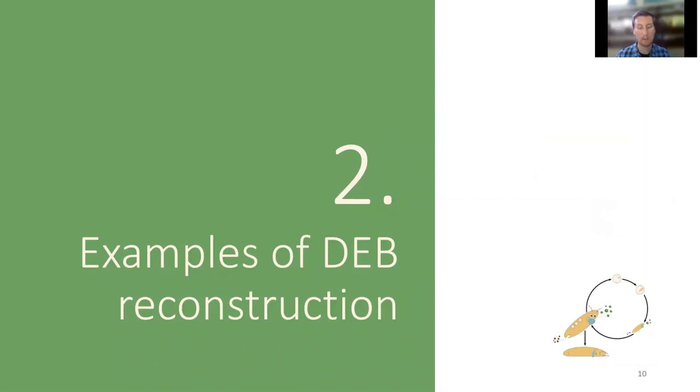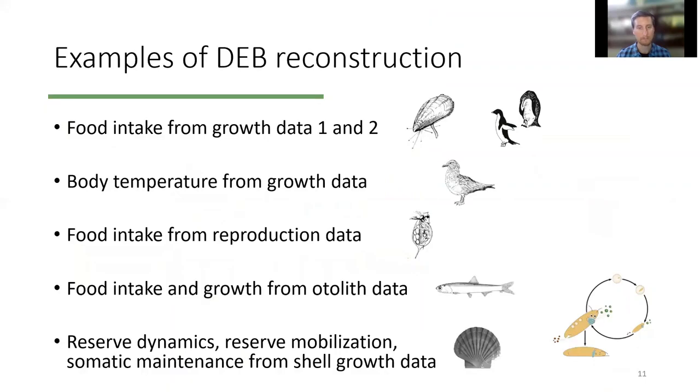So now let's move on to some examples of reconstruction in depth. There are many different examples that exist. I will focus on some of them, but give you the references to the other ones if you're interested in that type of reconstruction. But I will focus mostly on the food intake from growth data in two examples for mussels and penguins.